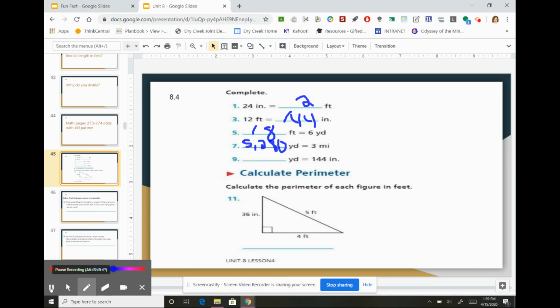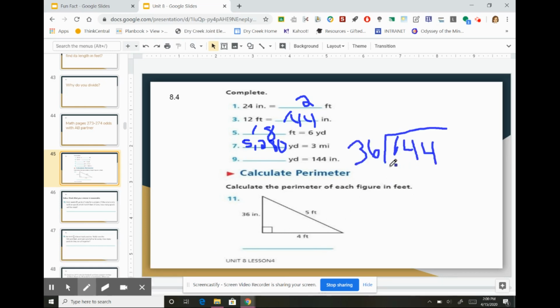So pause your video. Okay, so I wrote 144 divided by 36 because there's 36 inches in a yard. So now I'm going to say, 36, I'm going to ignore my 6, I'm going to look at the 3. 3 goes into 14. How many times without going over? Well, 3 times 4 is 12, so I'm going to try that.